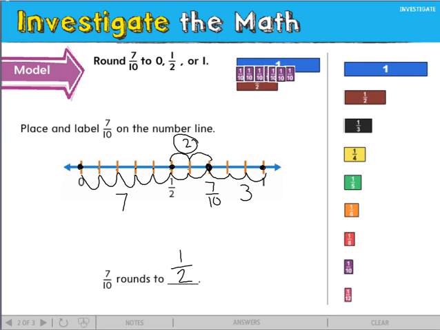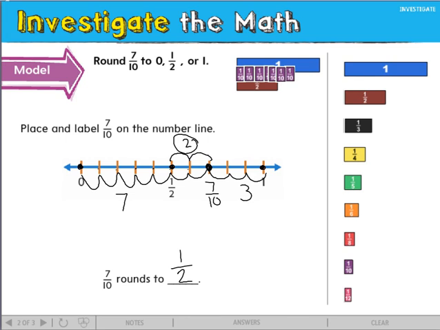Okay? So if we did this with actual tiles that didn't have this little white box around them, you would see that the 7/10, it's going to take 3 more tiles to make the one whole, where it's only 2 tiles over 1/2. Okay?